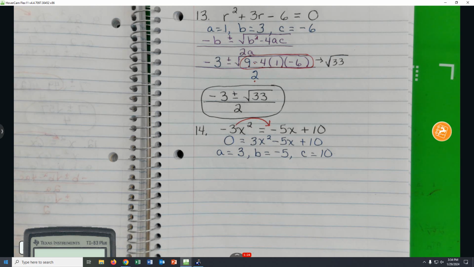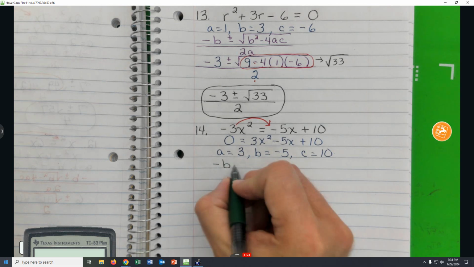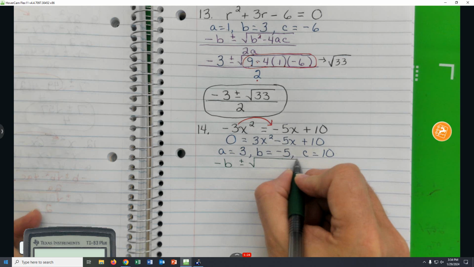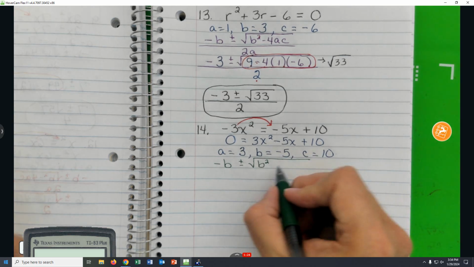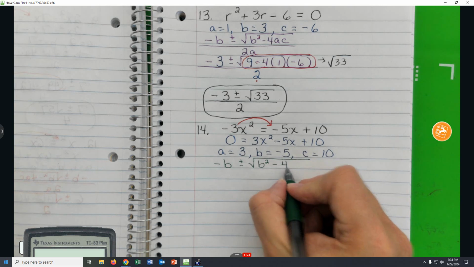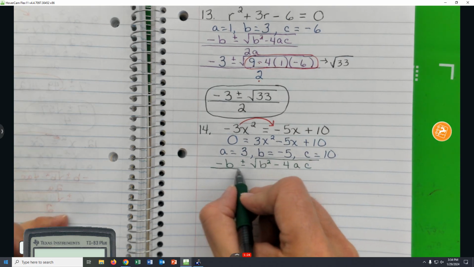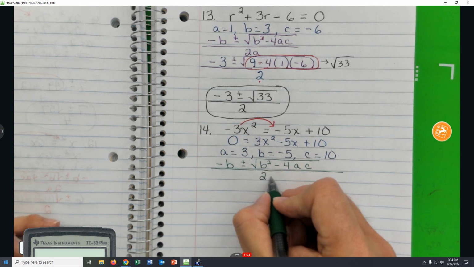Okay? So let me write down the quadratic formula. Negative b plus minus the square root of b squared minus 4ac, all over 2 times a.